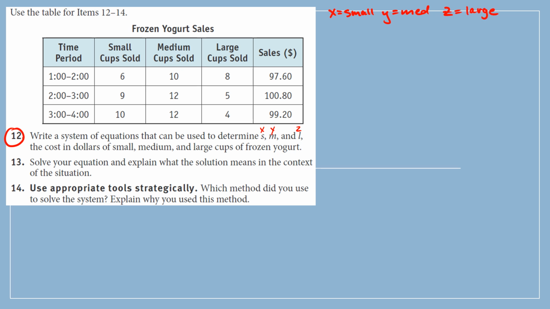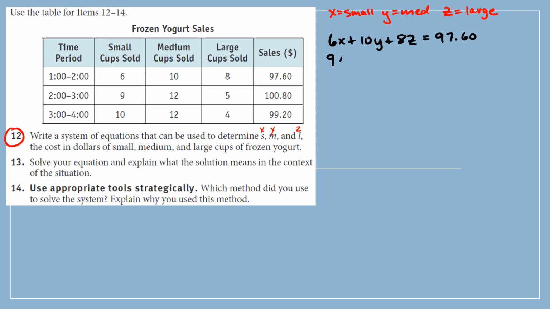Now I'll fix it at the end, but I want to make sure I have variables that I can follow, because as you know, there's a lot of pieces to this. So let's see. The first equation would be 6 smalls plus 10 mediums plus 8 larges made a sale of $97.60.